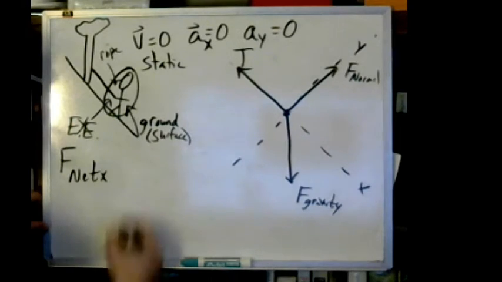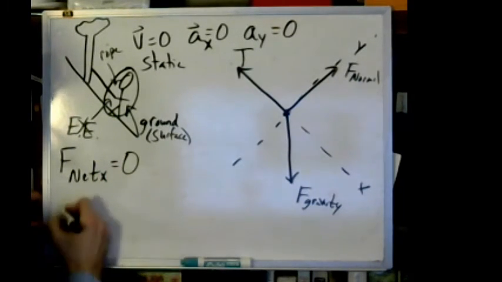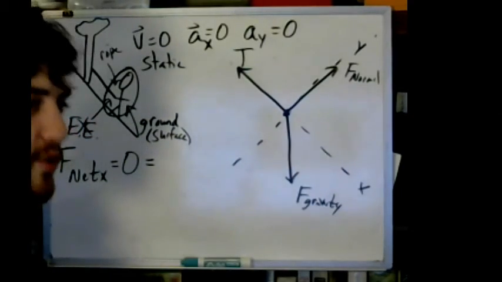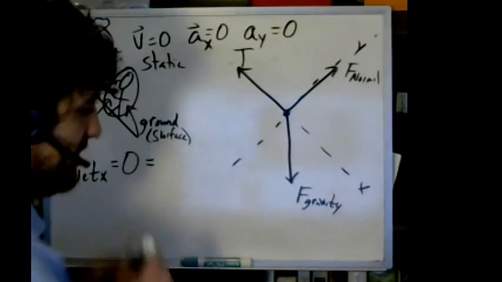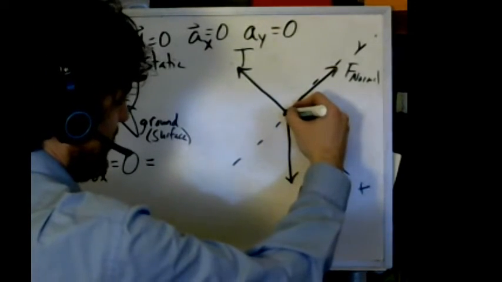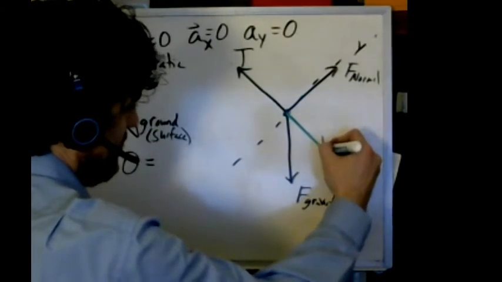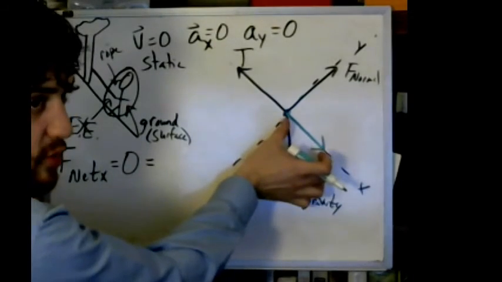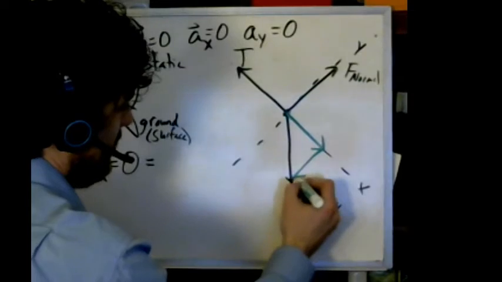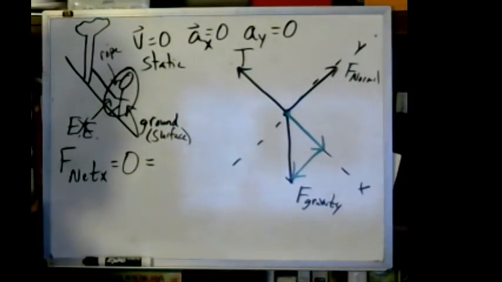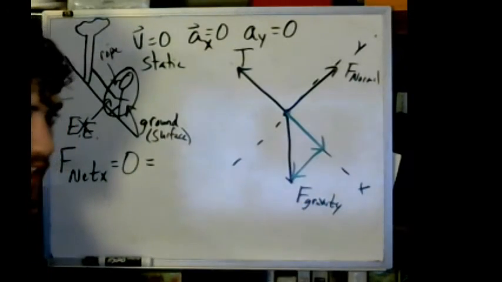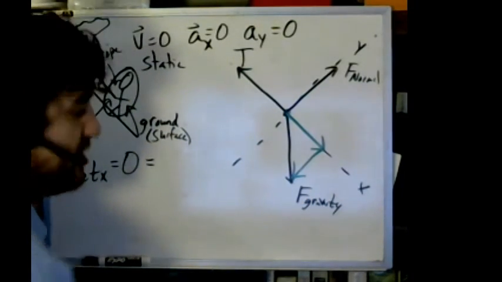Net force in the x direction, we know this has to be 0. Let's look at what forces we have. Well, gravity is once again misbehaving. It's not along one of the axes. So we have to break it into components. There's the portion of it pointing in the x direction. There is the portion pointing in the y direction. This forms a right triangle with the original vector as the hypotenuse.